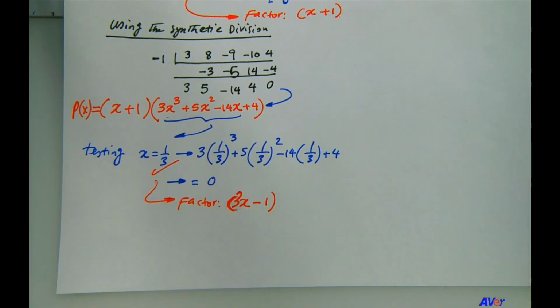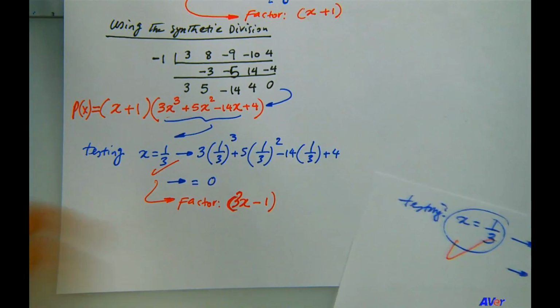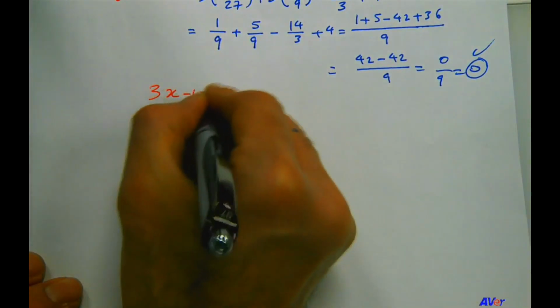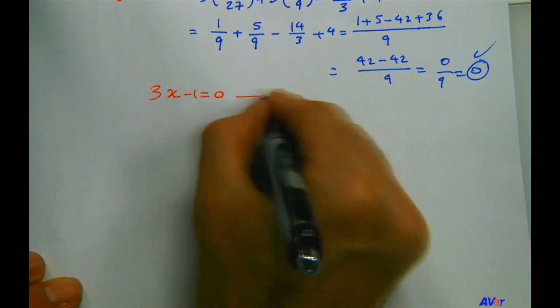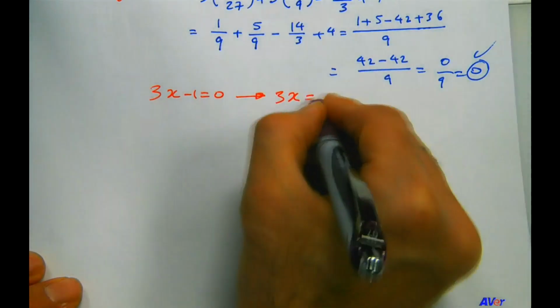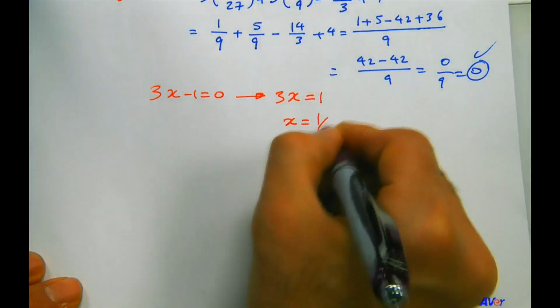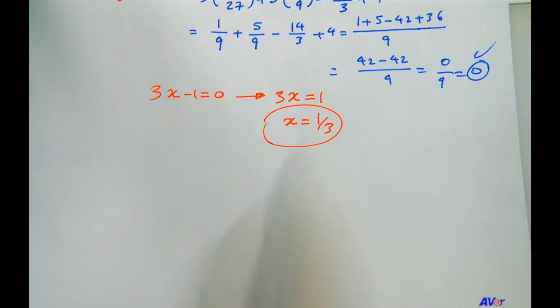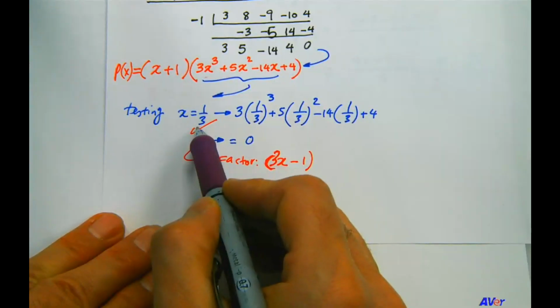If you have any questions about that, it's because of this. If you set 3x minus 1 equal to 0 and solve for x, what do you get? You get 3x equals 1 and x equals 1/3, which is what we used in this polynomial.